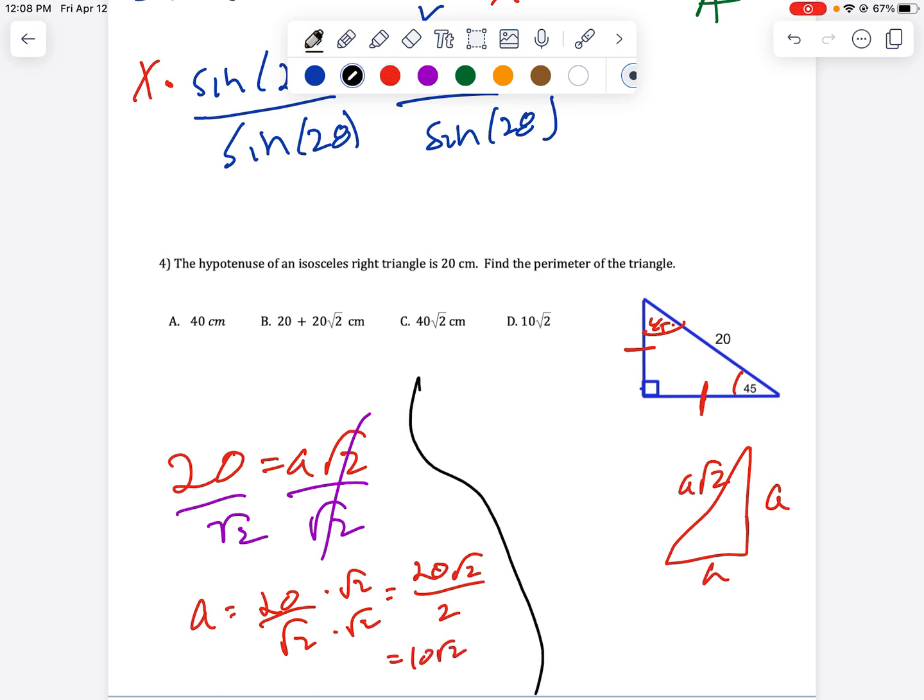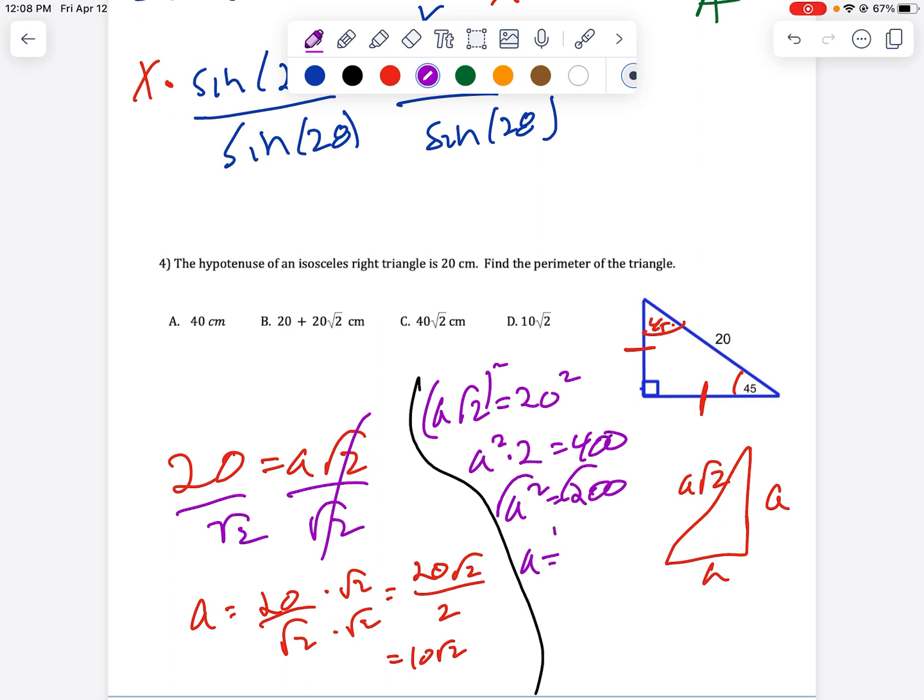If you wanted to square both sides, I would get A root 2 equals 20. Square both: A squared times 2 equals 400. A squared equals 200. Square root, I would get 10 root 2. So it's also 10 root 2. So that makes each side 10 root 2.